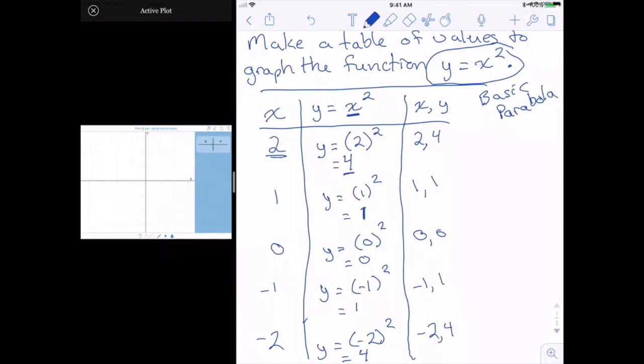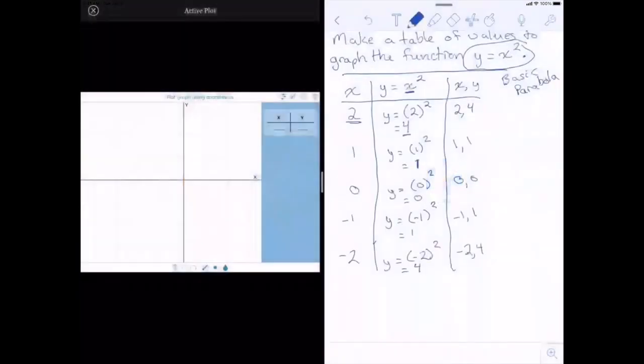So that's using the table of values to figure out those points, and then we can put those points onto the graph. So I'm going to put them into active plot here. So I've got active plot, and I can input directly onto the graph, or I could use the setting on the side, the table there.